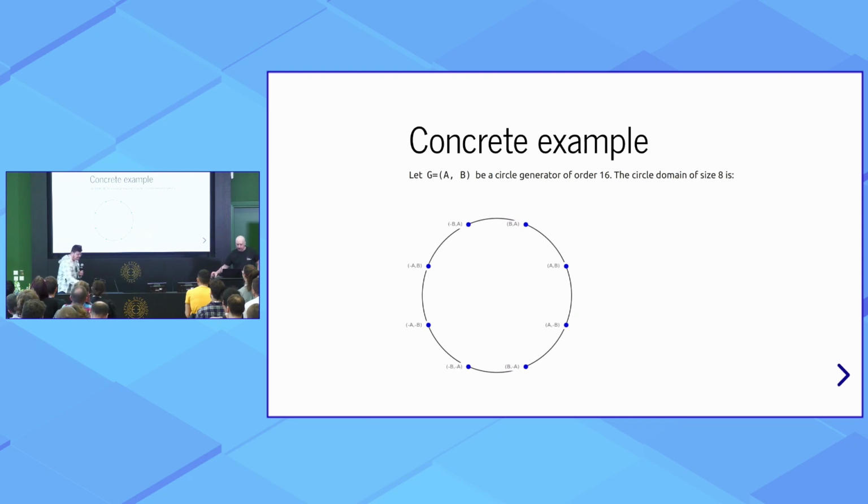Okay, so I want to show you guys a concrete example of the circle FFT, just to show you that it's similar to regular FFT. It doesn't use any group operations, just simple field operations. And if you want to implement or do something about it, maybe this could help you.